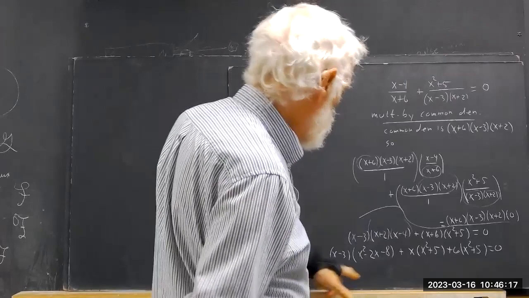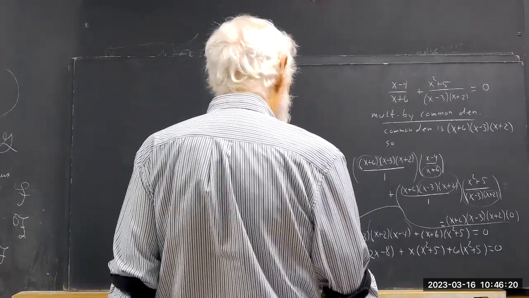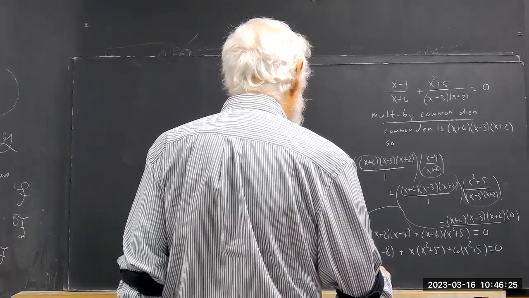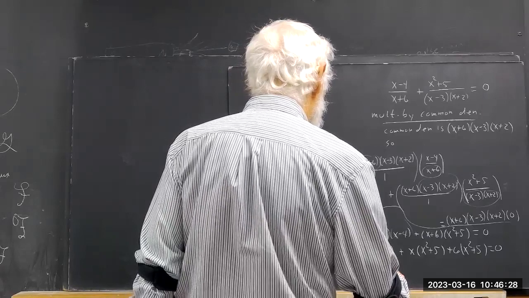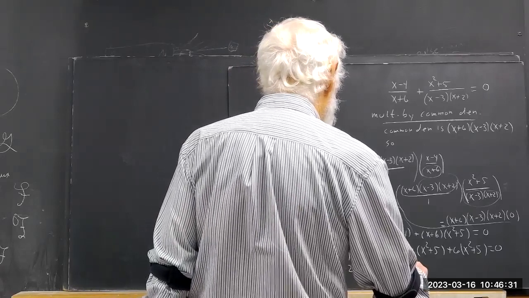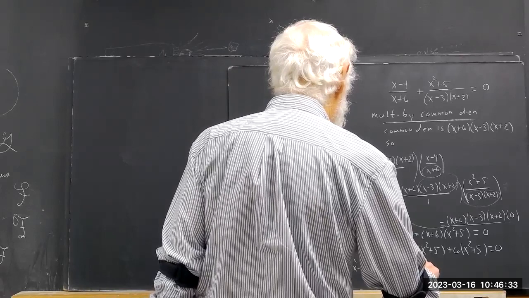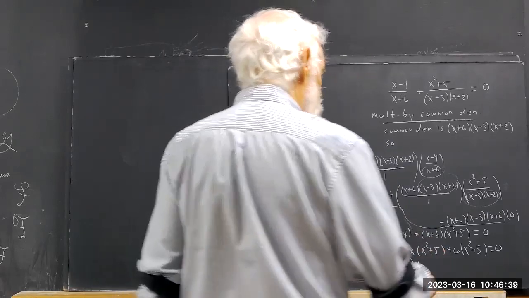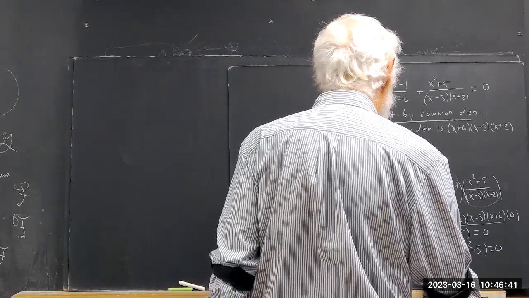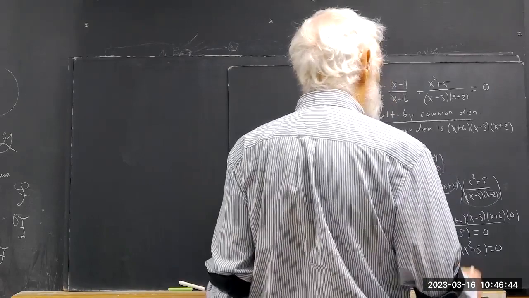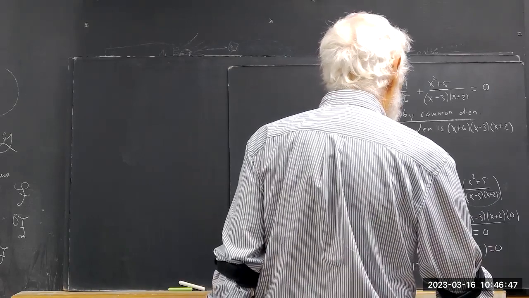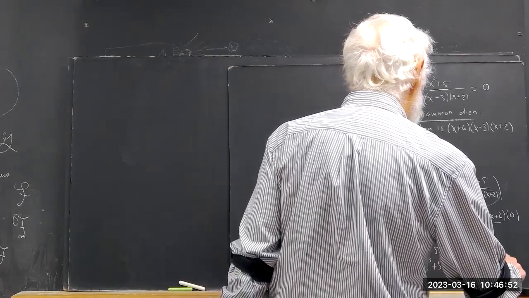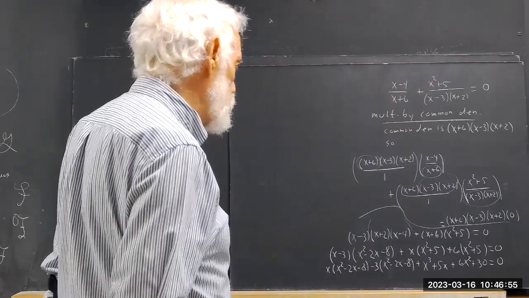Now, I'm going to write out the distributive law explicitly here. We're going to get x times x squared minus 2x minus 8, minus 3 times x squared minus 2x minus 8, plus x times x squared plus 5 is x cubed plus 5x. 6 times x squared plus 5 is 6x squared plus 30, and that gives us 0.